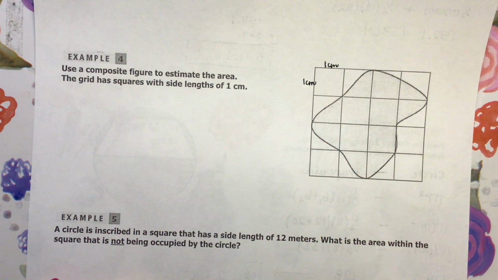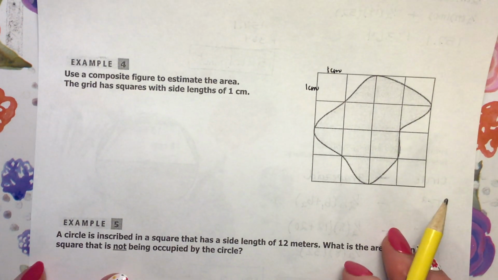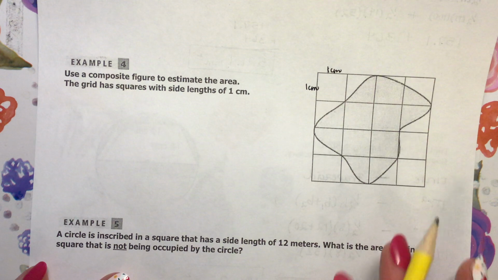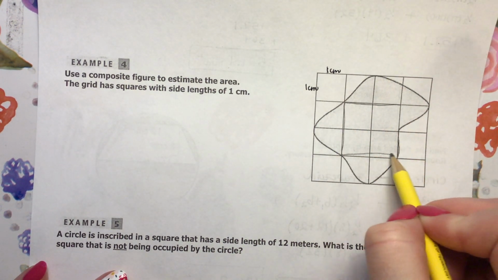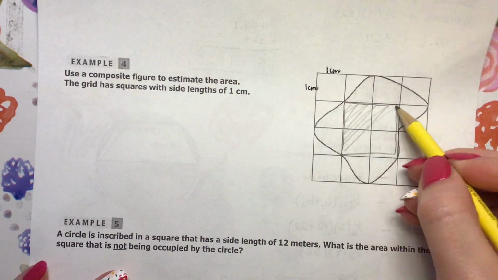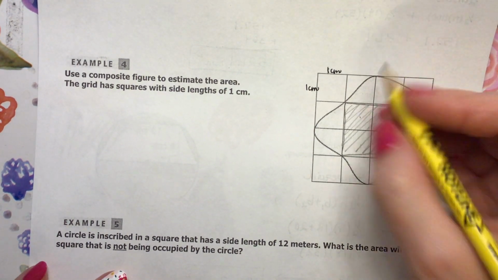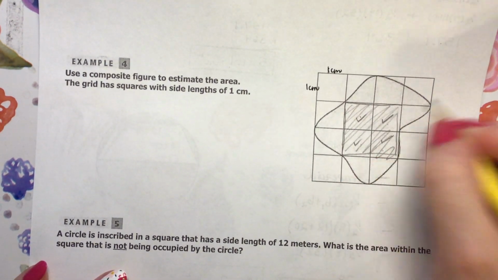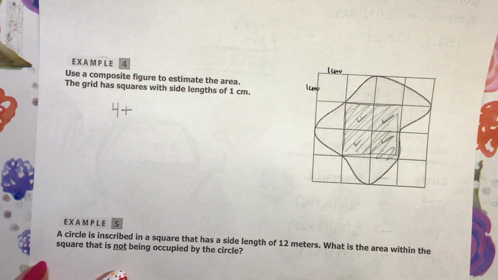Now, because we have this grid, it can be pretty simple for us. Right off the bat, we're just going to start breaking this down into pieces that we can easily calculate. So right here, we have this square. That square is very easy to know the area of. It is 4. So right off the bat, I have 4 for an area. So I've got 4, and then I'm going to add some more to it.